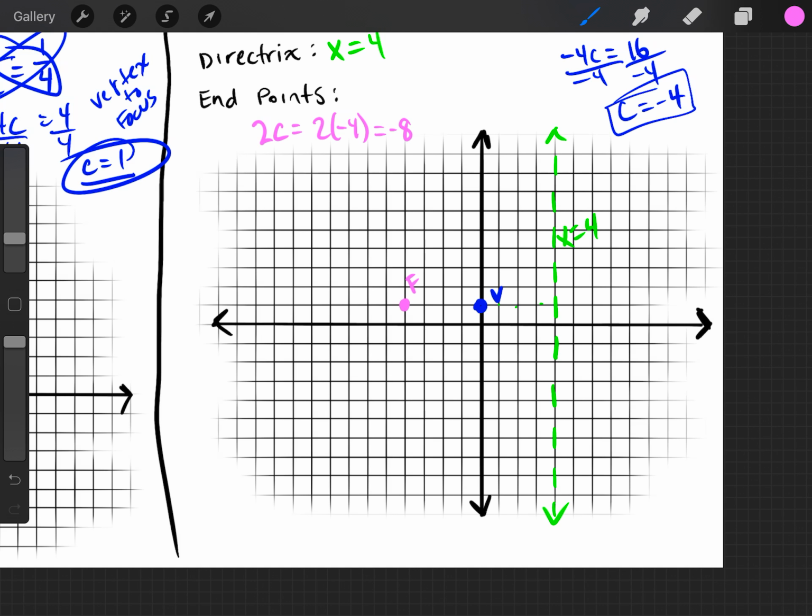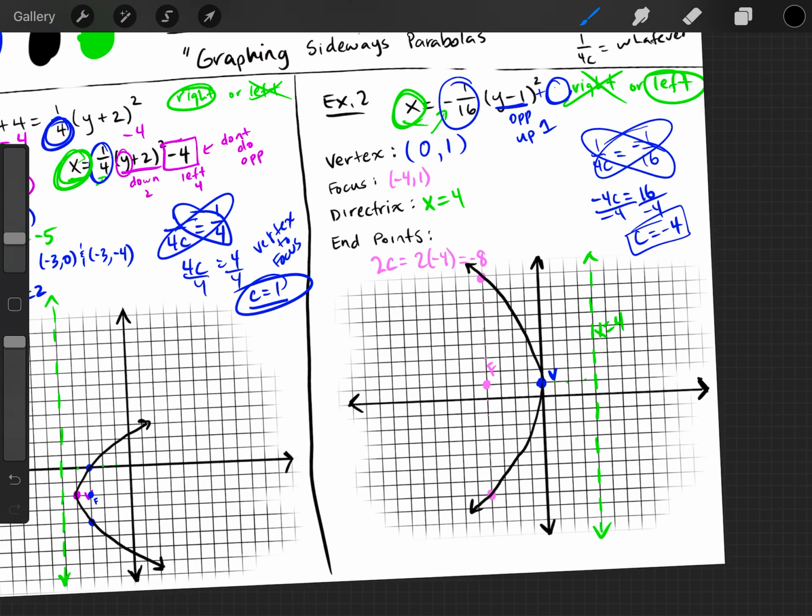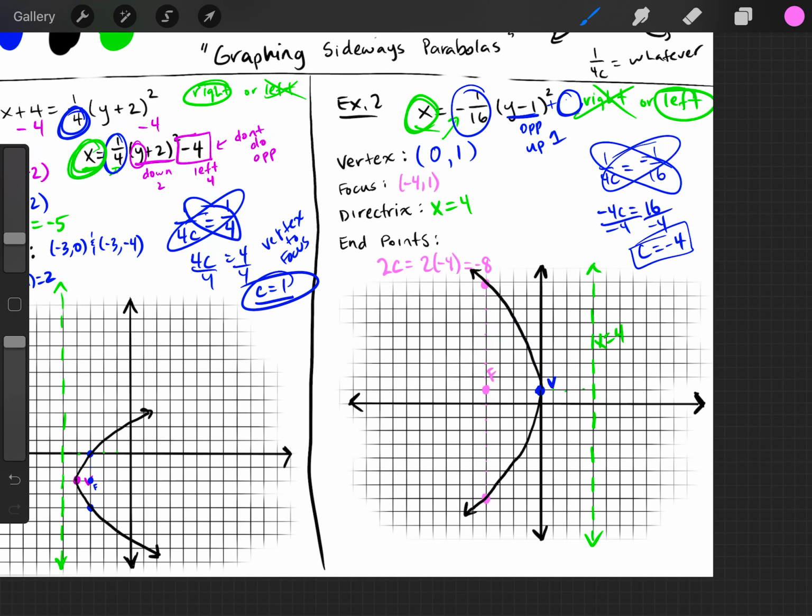The negative is just telling us it goes to the left, but from our focus, we're going to go up 1, 2, 3, 4, 5, 6, 7, 8, down 1, 2, 3, 4, 5, 6, 7, 8. Those are your focal chord endpoints, and from that, we can graph our parabola through our vertex. This is a wide one here, out through those focal chord endpoints. That right there would be the graph of our parabola.